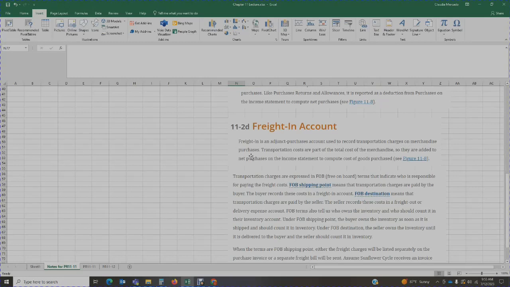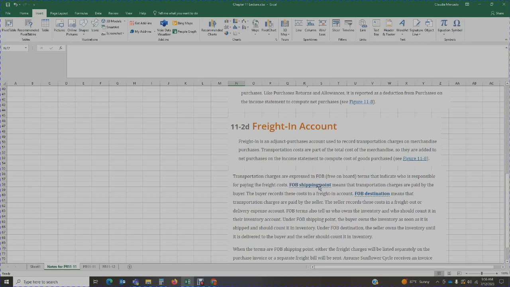So when we purchase merchandise, we have 2 different types of transportation charges. And depending on the transportation charge, we're going to determine if the buyer or the seller pays for the freight. Transportation charges are expressed as FOB, free on board, and they basically indicate who is responsible to pay for the freight.